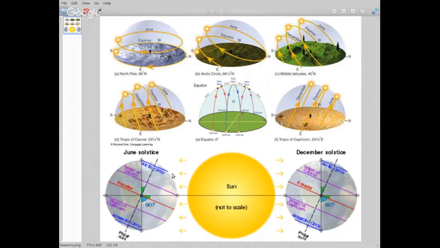Because whatever is true of this line is also true of this line. The path of the sun is the same. It has to be the same. No matter what model you have, as long as there's one sun, it can't go in different directions at the same time.